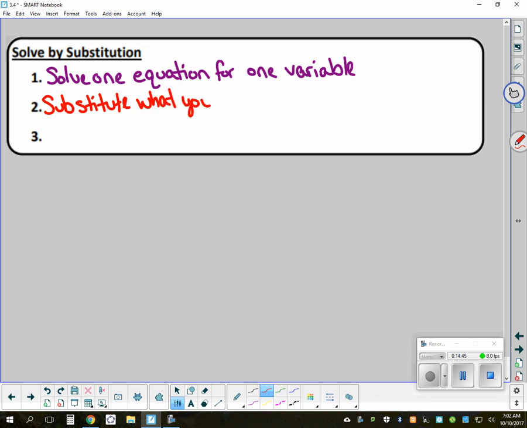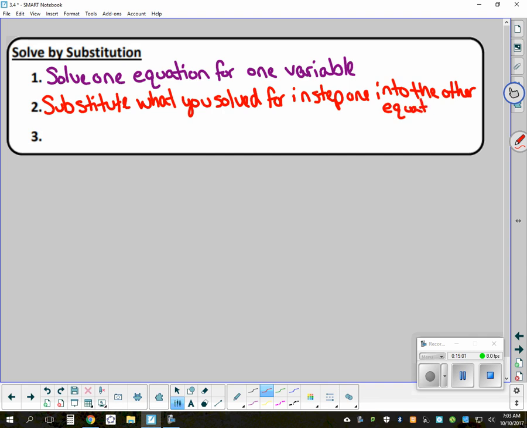Substitute what you solved for in step 1 into the other equation and solve. Okay.